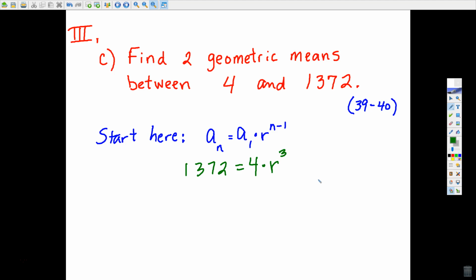If we can figure out R, then we can unlock this problem. We'll know what to multiply by to get to the next term. So give me a first step on finding R here. Okay, go ahead and do that. 1372 divided by 4. And what is that?